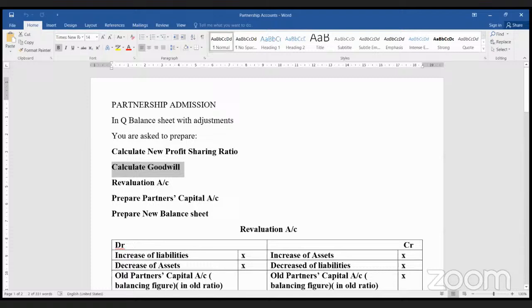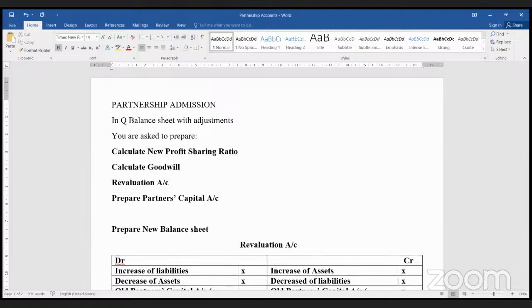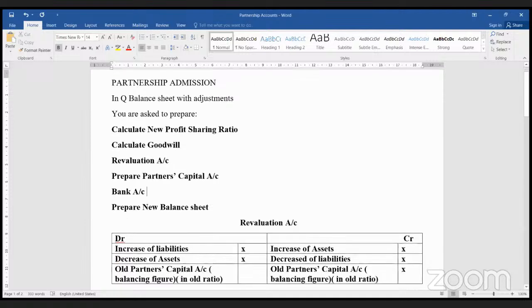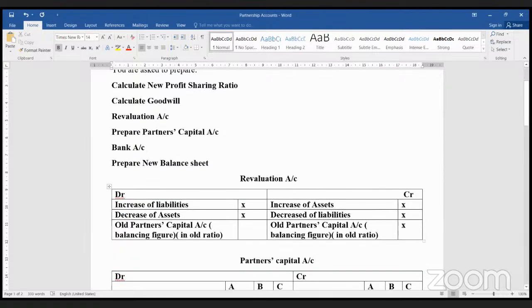Next, for the adjustments relating to the assets and liabilities, we prepare the revaluation account. And then, with all the adjustments relating to the partners, we will prepare the partners' capital account.